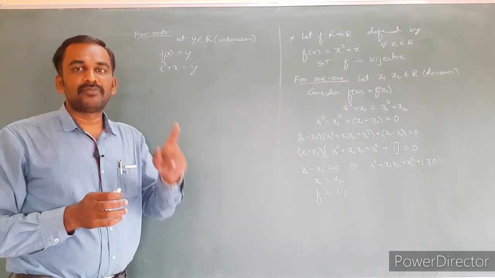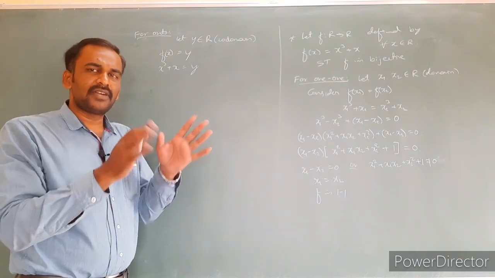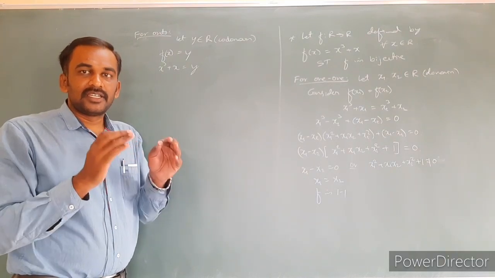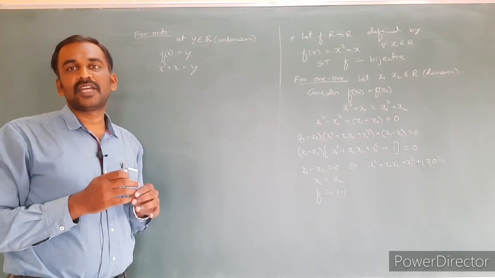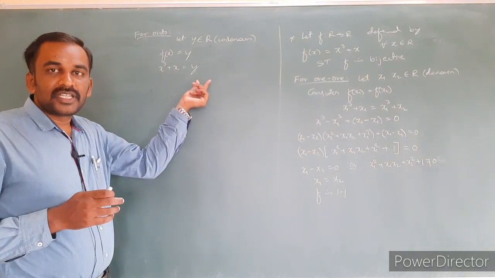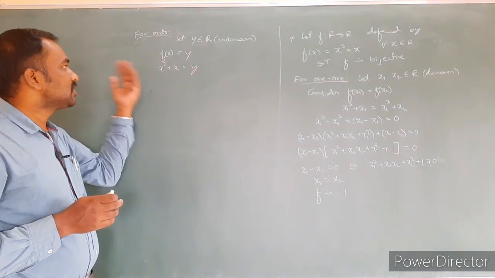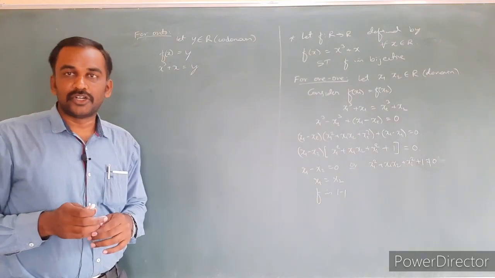Whatever the cubic polynomial is, it has at least one real root that will exist. Here also the cubic polynomial obviously gives the real number, that we can say from this statement. So obviously x is present in the domain set.